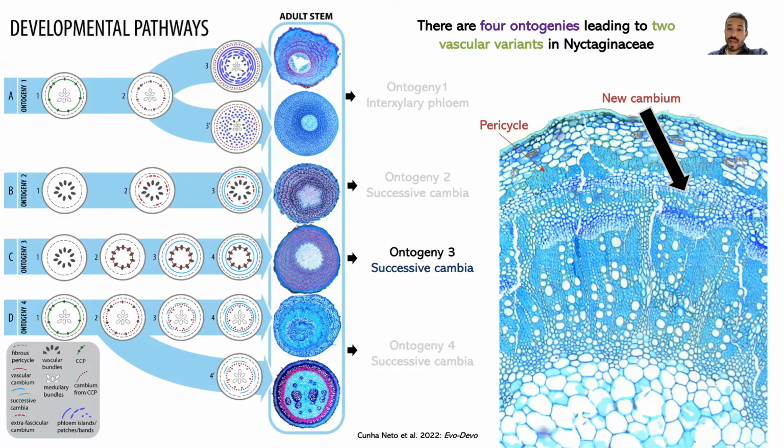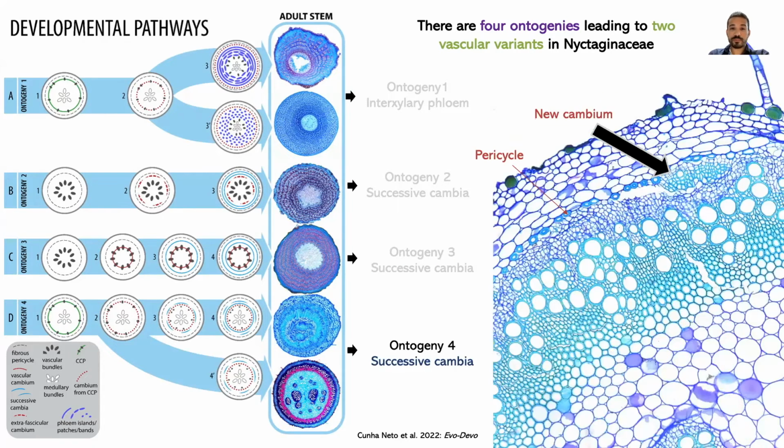And after some type of secondary growth, we see the first successive cambium being formed from vascular cells, because they are found internally to the pericycle and outside the secondary phloem. And after some time that cambium produces vascular tissue, a new cambium is formed outside and multiple cambia are formed. And that's why, again, we characterize this ontogeny as a type of successive cambia.